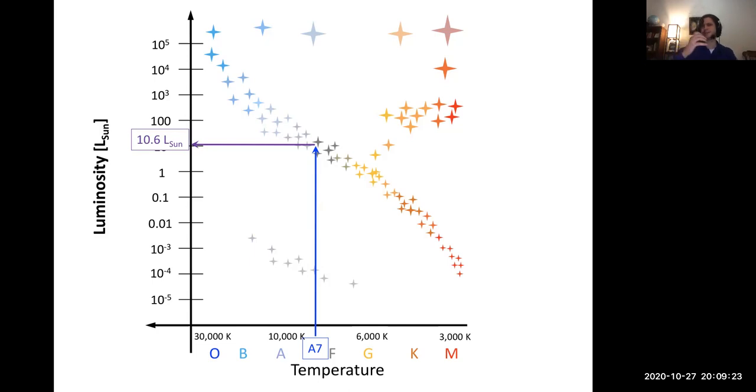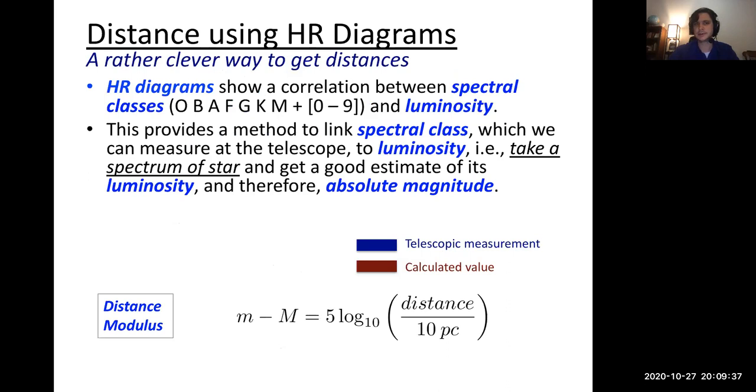And now we can flip things on their head and have the HR diagram do the work for us. Because now we have the luminosity of this A7 star. We know its absolute magnitude. We can leverage that we have this connection between our spectral classes, our temperature, and the luminosity of the stars.